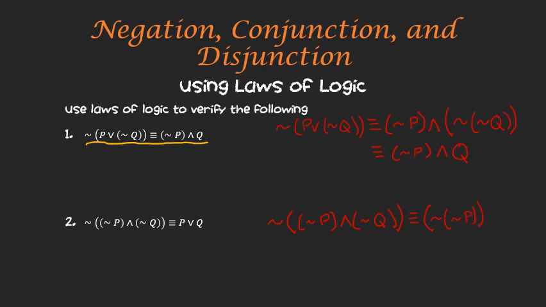Negate the first one, or not not Q. And then we can use double negation on both of these. So not not P, that's the same as P. Still have the or. And not not Q, that's the same as Q. And so now we have verified, without using a truth table, that this is true.